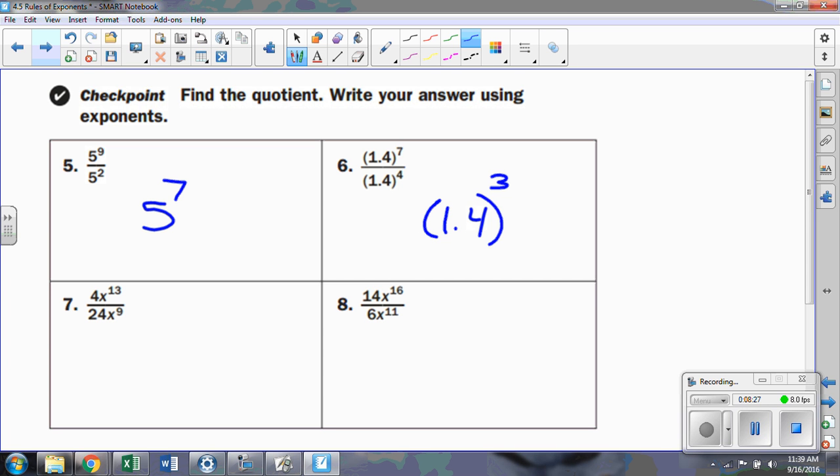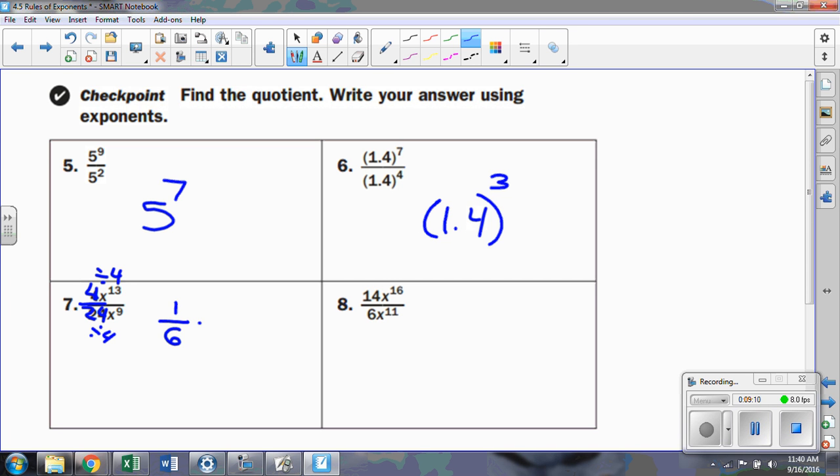When we have monomials, 4 divided by 24. Hang on a second, I gotta backtrack. I had the wrong number there. It's not 4 over 2, it's 4 over 24. 4 over 24 would simplify down to 1/6, because we'd have to divide both the numerator and denominator by 4.